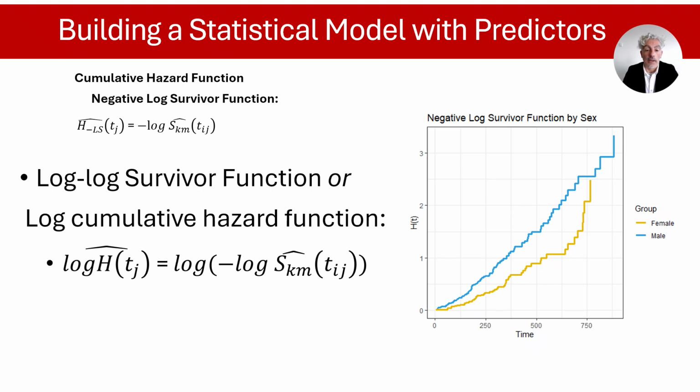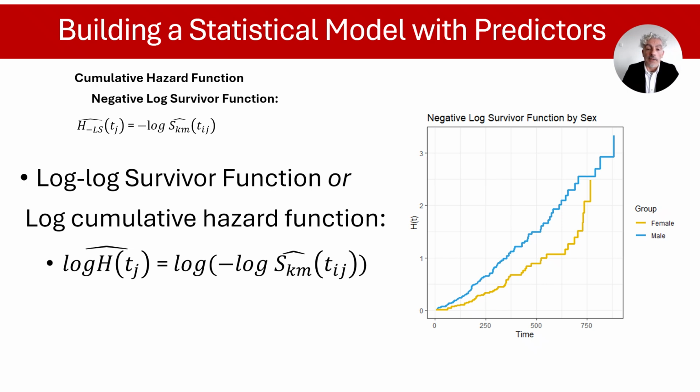And here I reported the formula that estimates the cumulative hazard function based on the negative log of the survival function. This is also a formula I introduced in the first part of these resources.